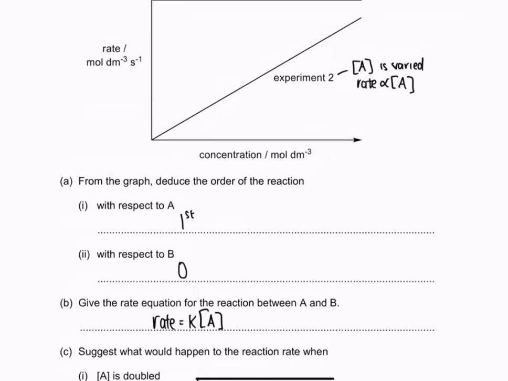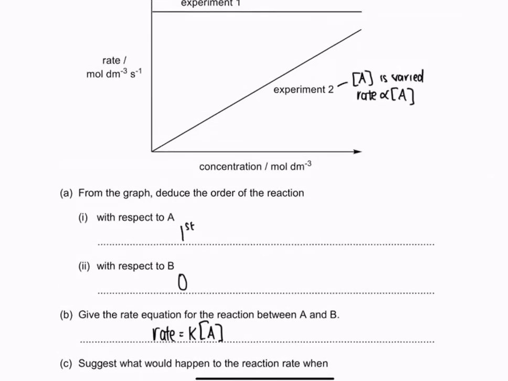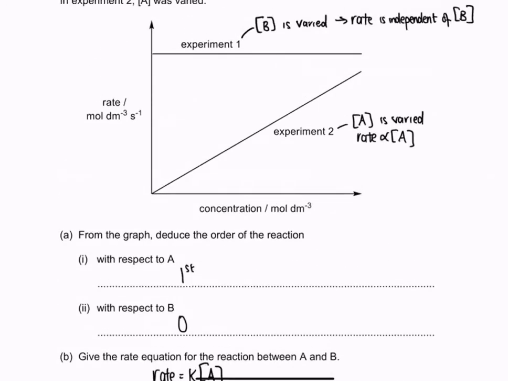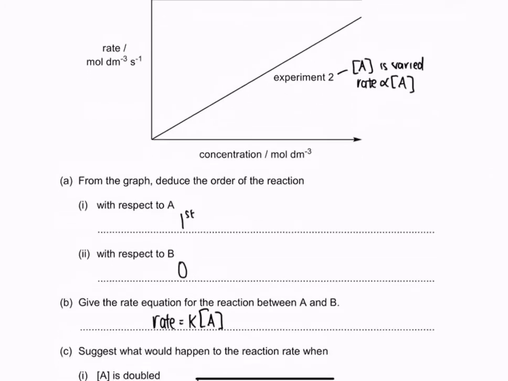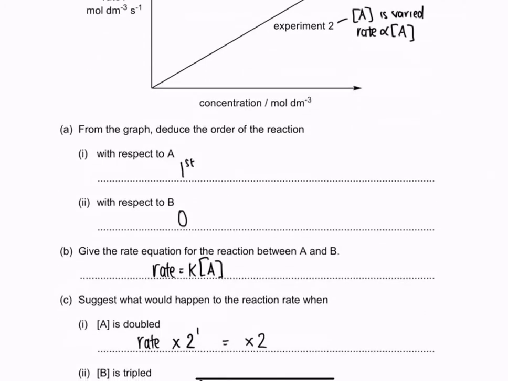Now remember that our rate equation always has the form of rate equals k times the different concentrations. What we can see here is that because A was first order, we put [A] in square brackets with the power 1, which we don't need to show, and B was zero order. Anything to the power 0 is the number 1, and therefore we don't need to put that into our equation.